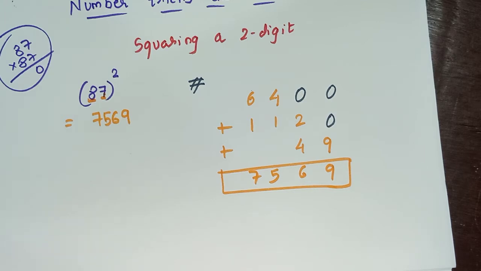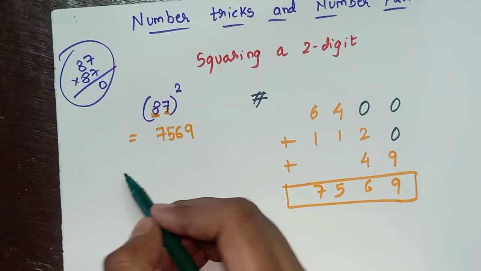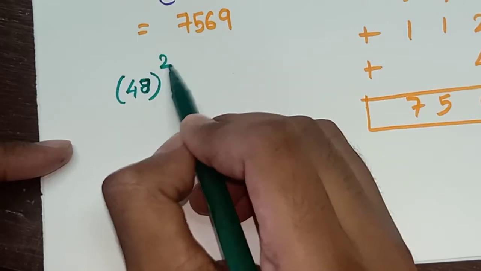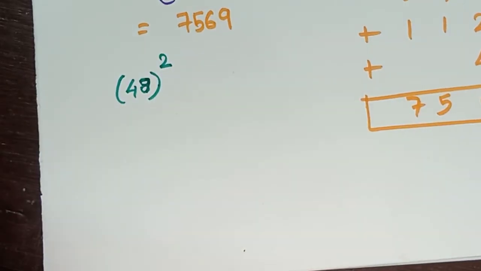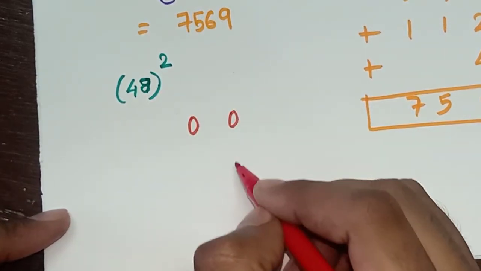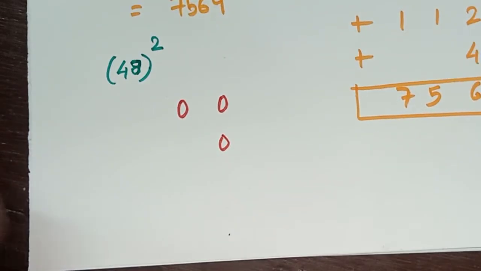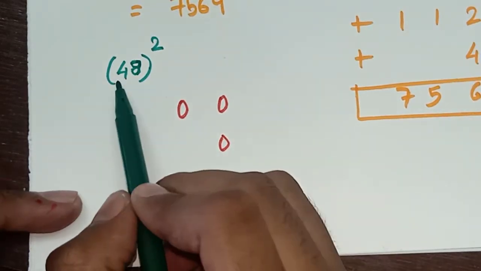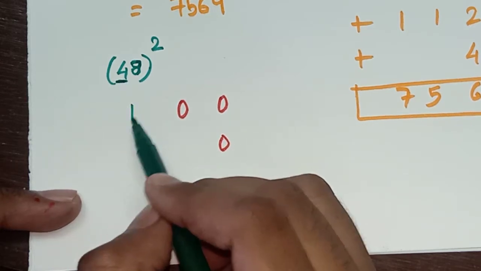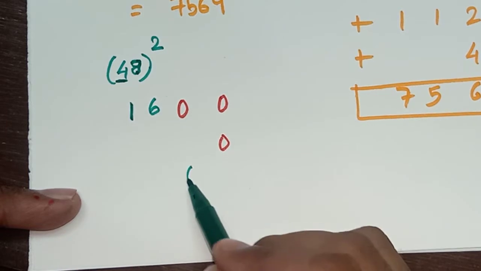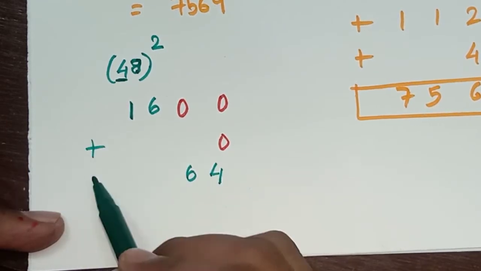Let's say for example I want to square, suppose 47 or 48, suppose the square of 48. First step, I will write 3 zeros like this, 1, 2 and 3 zeros in a triangular form. After that, write the squares of successive digits. 4 squared is 16, so write 16 here. Then 8 squared is 64, so write 64 here.